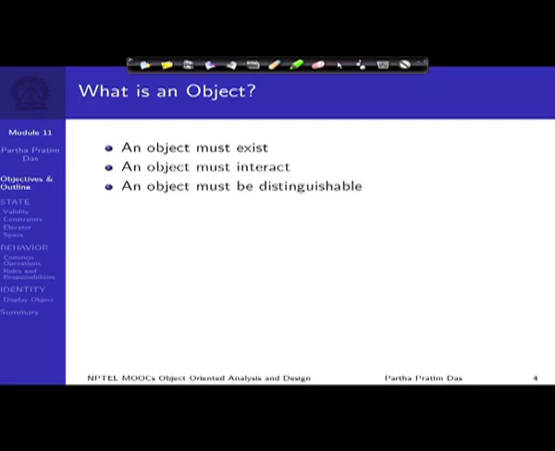The first concept that we will try to enforce is that an object must exist. There must be some kind of an existence for the object. Objects could be tangible, that is we can physically touch them.